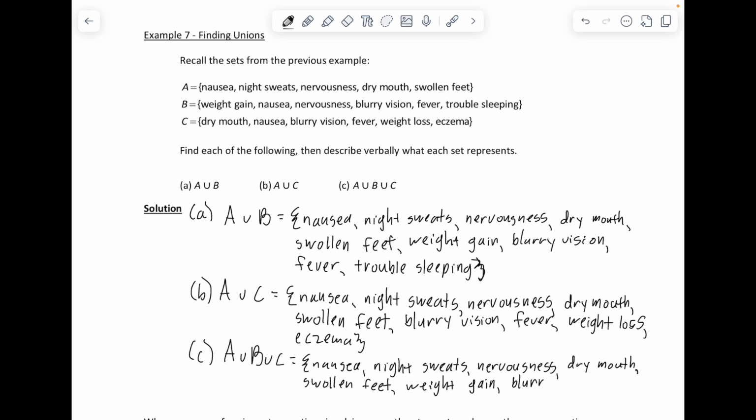There's a lot of them. Fever, trouble sleeping, weight loss, eczema. Right, that's a list of all the side effects.